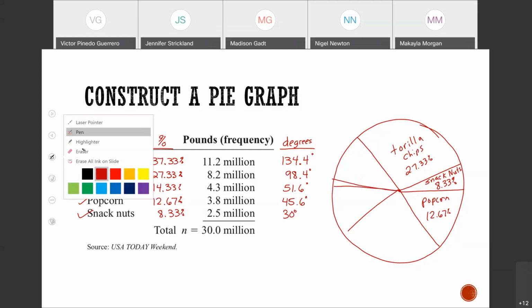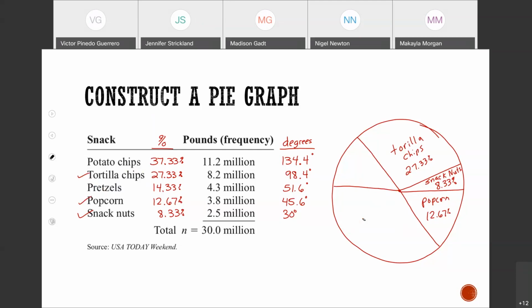You could do something like that to estimate where you're at. So the smaller one would be pretzels, 14.33%. And the bigger one would be potato chips, 37.33%. Does it look right? Yeah, that looks right.